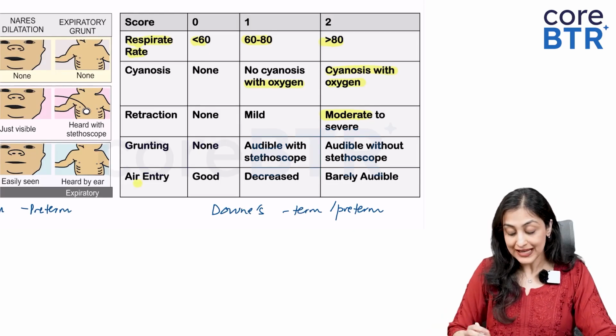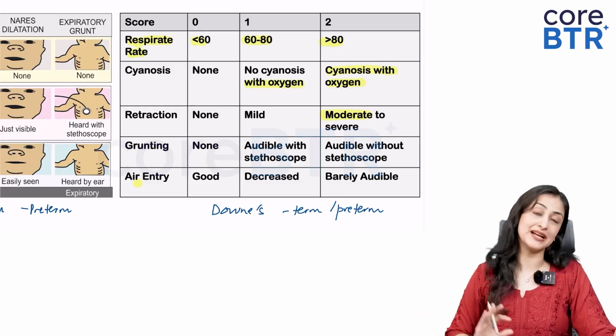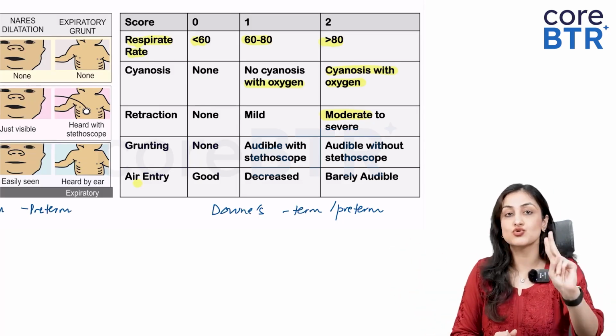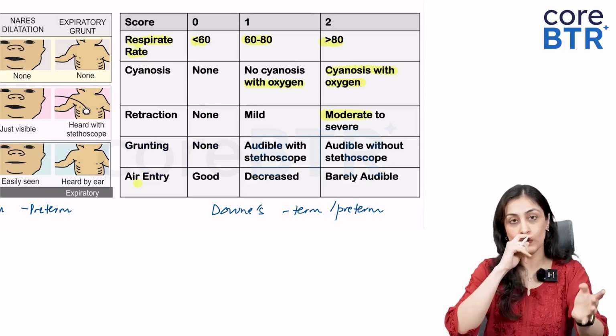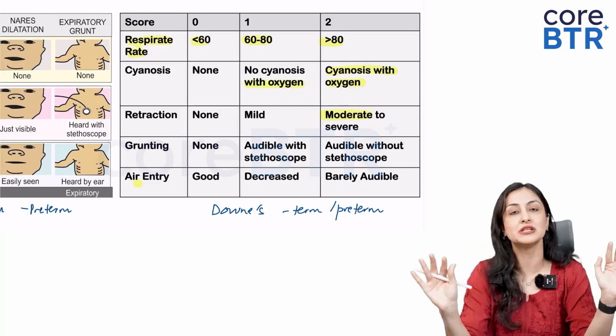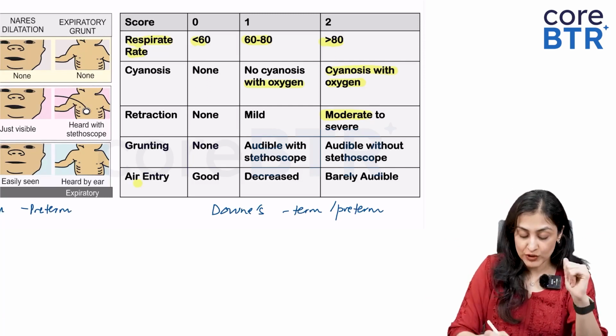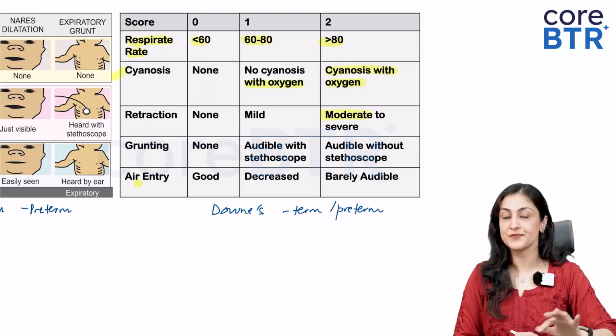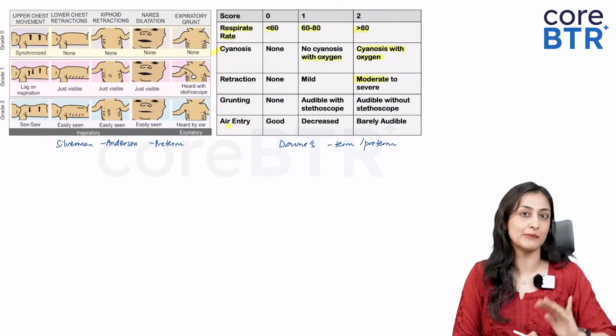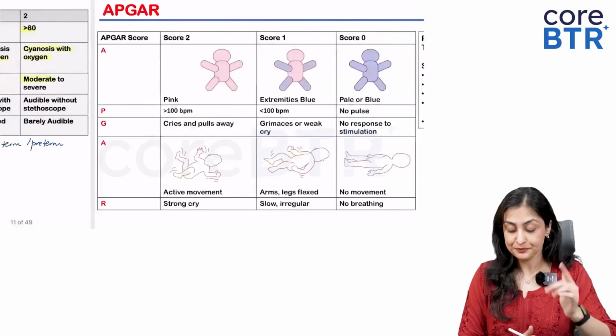Retraction and grunting are done. Air entry: good, decreased, barely audible. So what are the 5 features? 2 are similar, retraction and grunting. What else? Here I have respiratory rate, normal is less than 60. Then cyanosis and air entry. So these are your 2 scores, pretty easy to remember. So 0, 1 and 2, remember that.